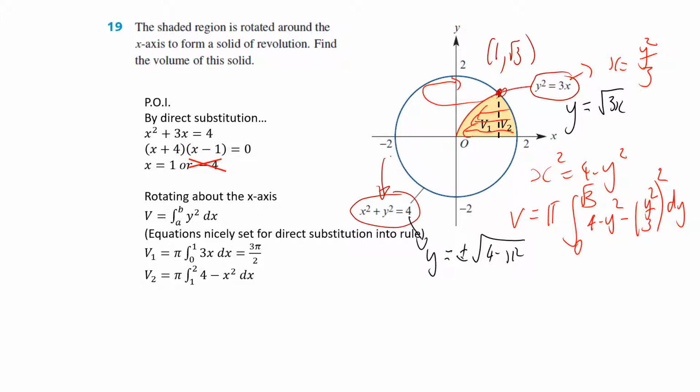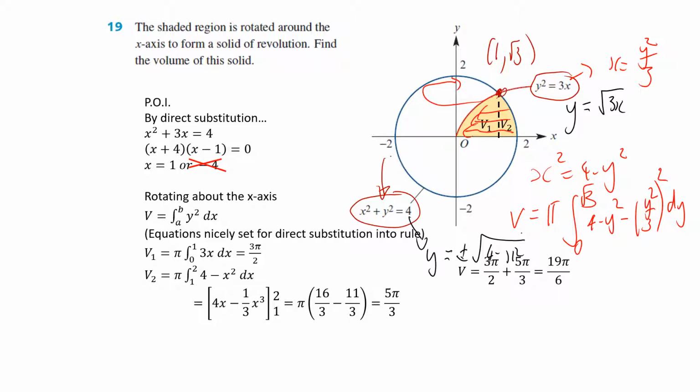So it's actually nicely set up for substitution without having to mess with our formulas too much at all. Integrating that from 1 to 2 leads us to that expression. We sub it in, we get 5 pi on 3. We sum the two volumes together, and there you can see it: 3 pi on 2 plus 5 pi on 3 is 19 pi on 6.